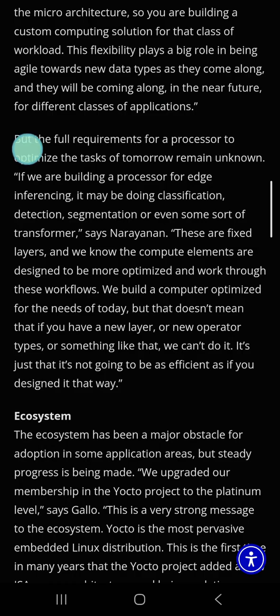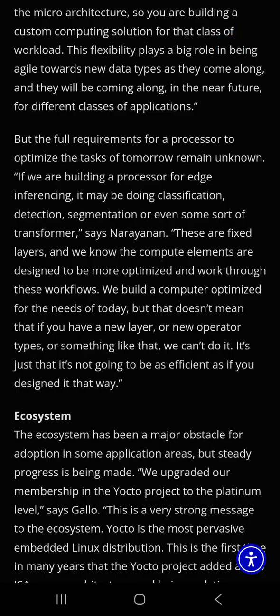But the full requirements for a processor to optimize for the tasks of tomorrow remain unknown. If we are building a processor for inferencing, it may do classification, detection, segmentation, or even some sort of transformers, said Narayanan.